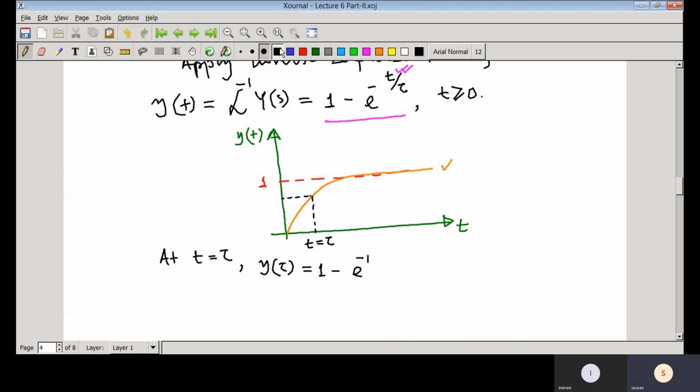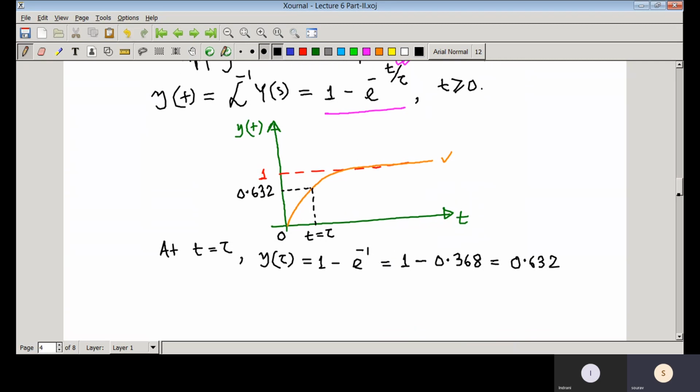So then you have 1 minus, if you take all the numerical values, you will get 0.632. So if you replace t equal to tau, this value is 0.632.